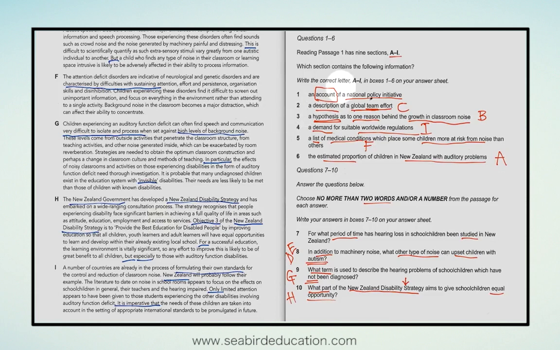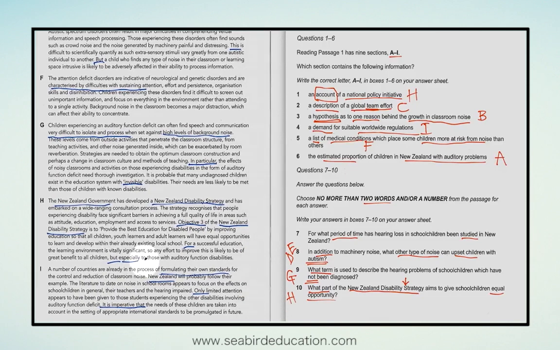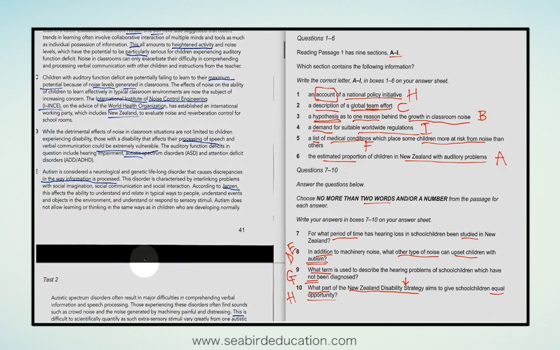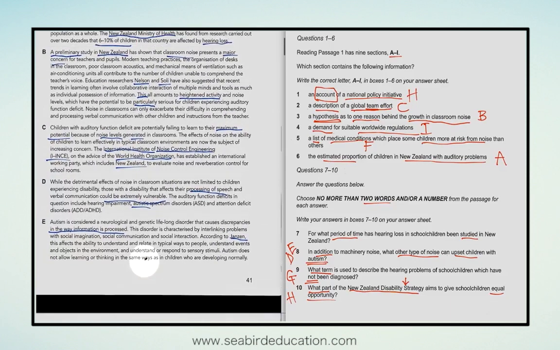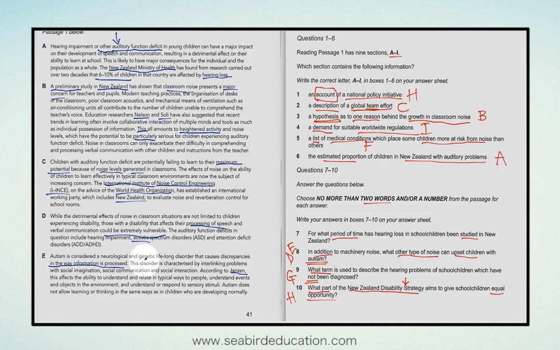I'm going to take a risk and say this is H, just because it's an account, it explains the national policy initiative. Okay, I think that's it. Right, let's have a look at the next one. So running out of time here.